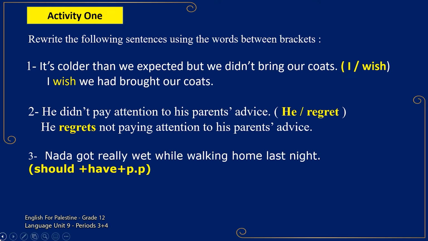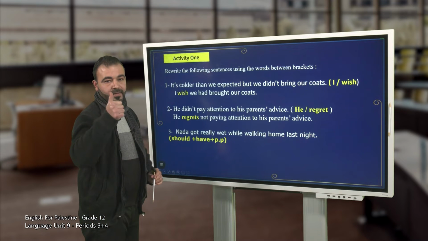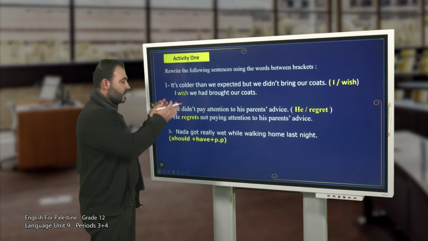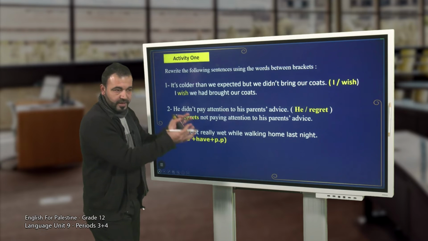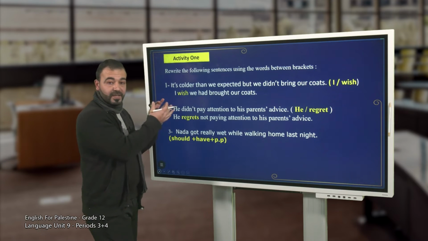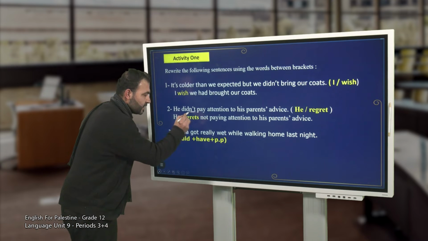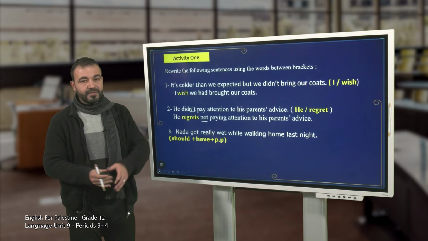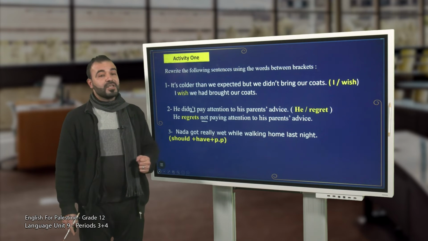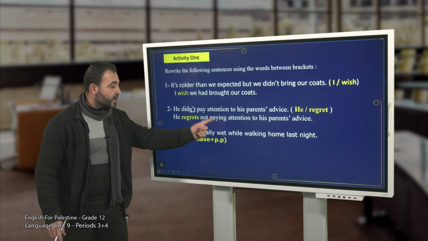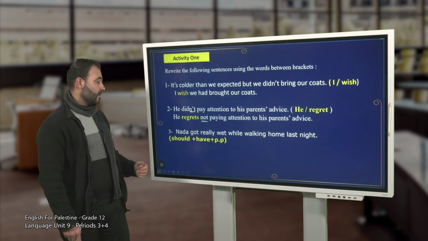Because when we have regret, it must be followed by the ing form. And if the sentence is positive, it stays with regret positive. If the sentence is negative, it stays also negative. We have here negative sentence, and it stays negative with regret, then the ing form. So he regrets not paying attention to his parents' advice.